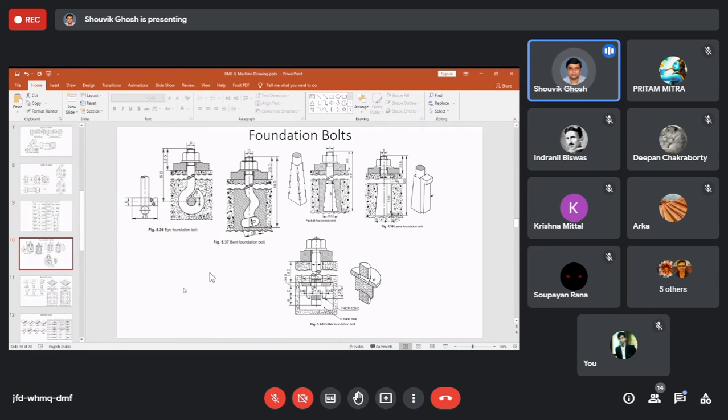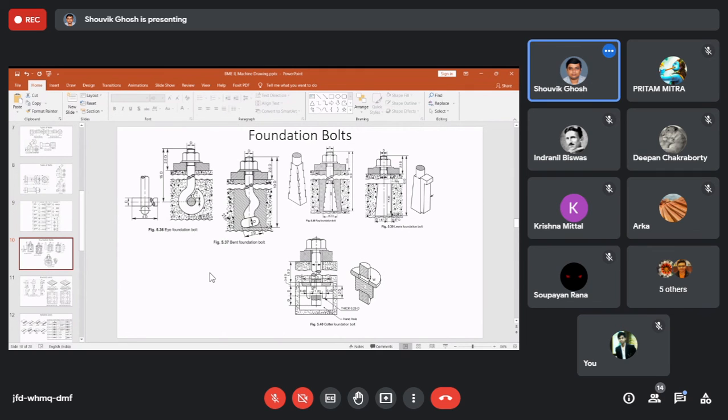The most commonly used is the I foundation bolt, where this structure is placed in the concrete and only the thread portion is kept out of the concrete. Thus the machine is placed over it and fastened using a number of bolts or washers.